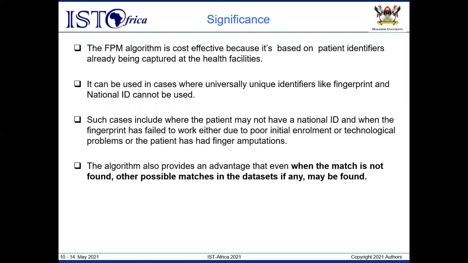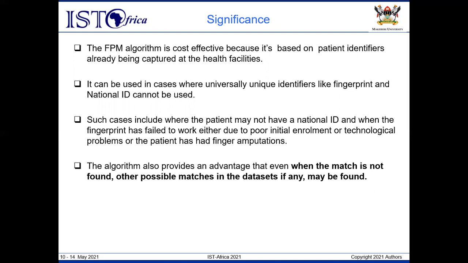The significance of this study: the FPM algorithm, or the fuzzy patient matching algorithm, is very cost effective because it is based on patient identifiers which are already being captured at the health facility. And it can be used in cases where universally unique identifiers like fingerprint and national ID cannot be used.